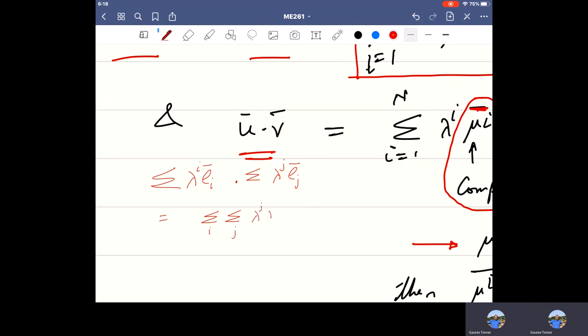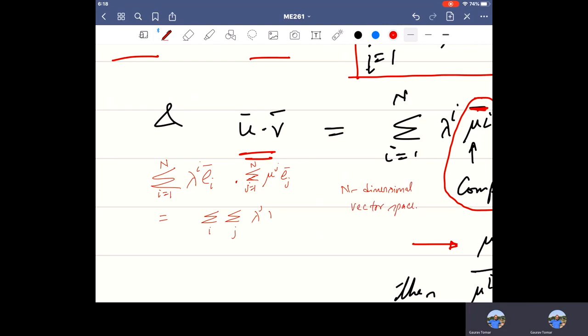Oh, sorry, this is v, so we are talking about mu j ej. This summation is from j equal to 1 to, let's say, n, and this is for I equal to 1 to n. So this is for an n-dimensional vector space.